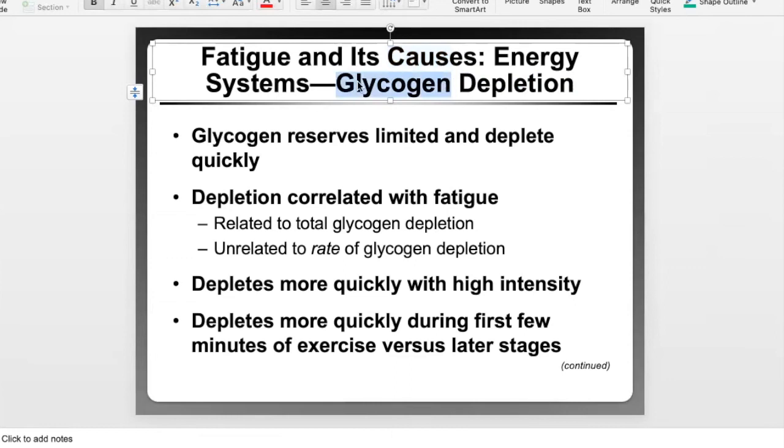So the bigger answer is this understanding of glycogen stores and the utilization of glycogen during those bouts of activity. I tell my guys in the gym, make sure that you're eating brown rice, keep up your glycogen reserves. All right, so a particular cause of fatigue could be low muscle glycogen.